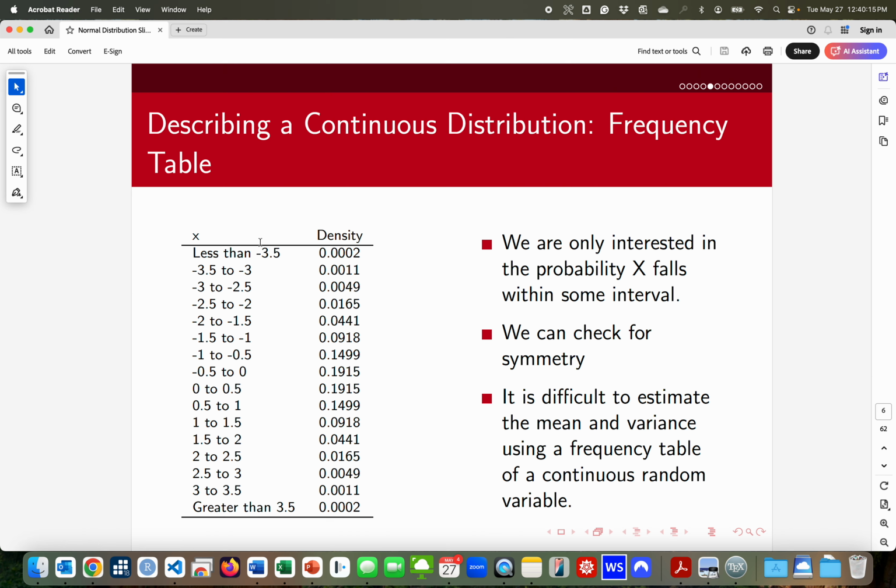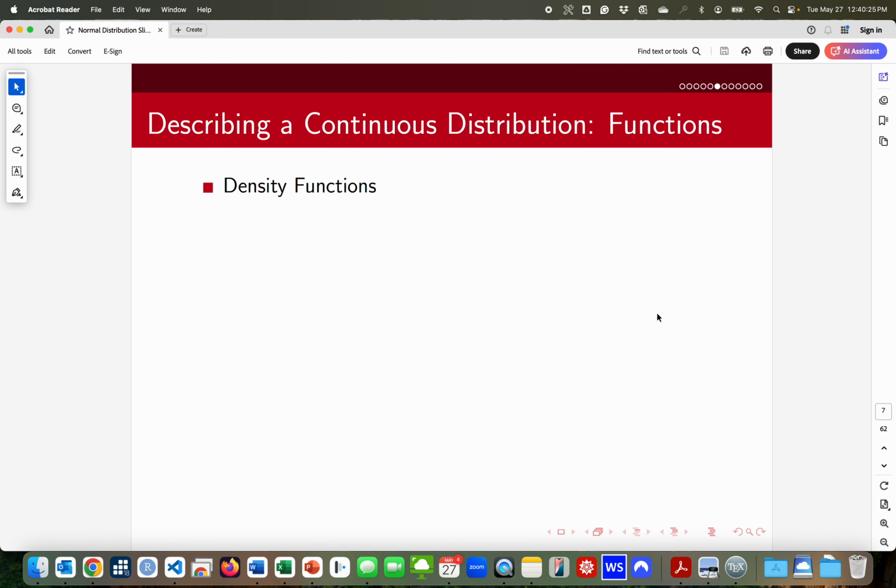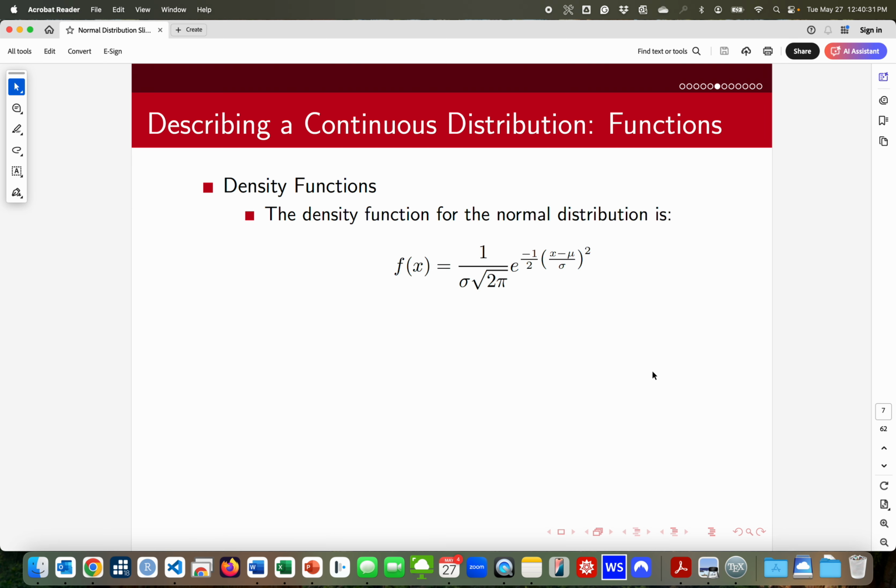So we'll make a frequency table, but the frequency table will be used to generate a histogram that we can use to check for normality visually. The density function is very, very precise, but also very difficult to work with. So this is the density function for the normal distribution.